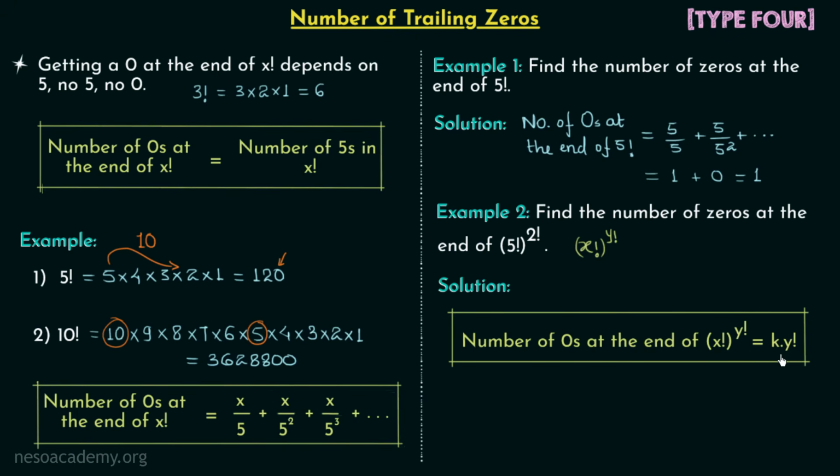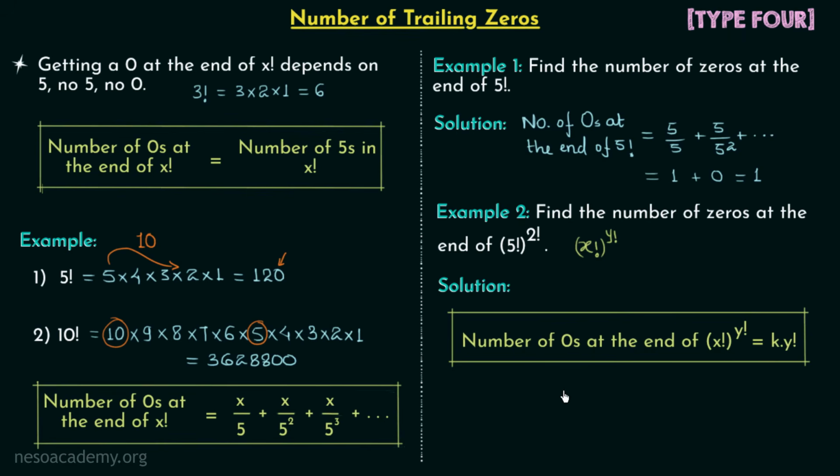What about k? k is the number of zeros at the end of x factorial. So we first need to find out the number of zeros at the end of x factorial using this formula, and this will be our k, and then we need to multiply y factorial with k. This will give us the answer.